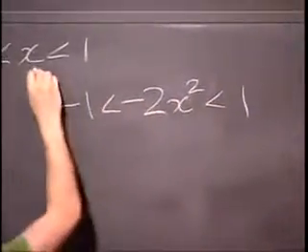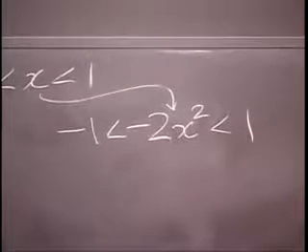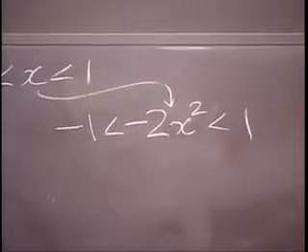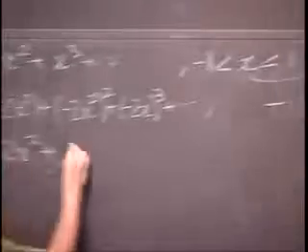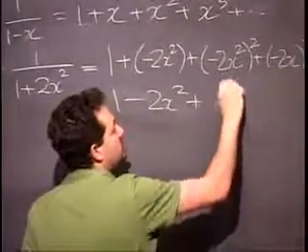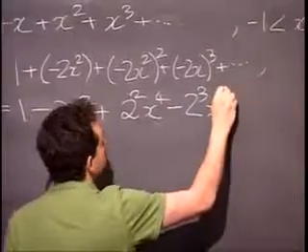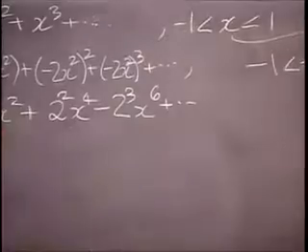You must also replace the x in the inequality, or else you will run into all sorts of problems. All right, so we simplify this. It becomes alternating. 1 minus 2x squared plus, well, we can write 2 squared x to the 4th minus 2 cubed x to the 6, and so on.